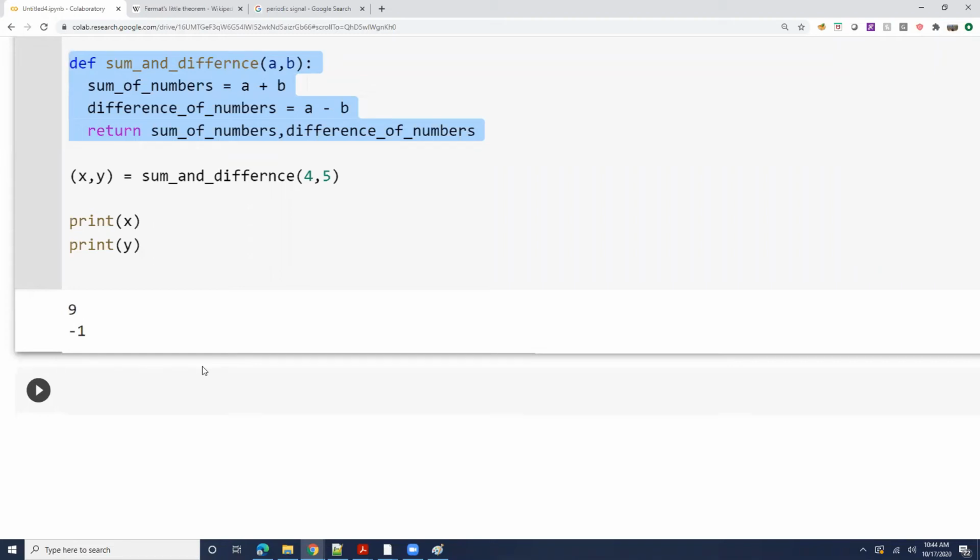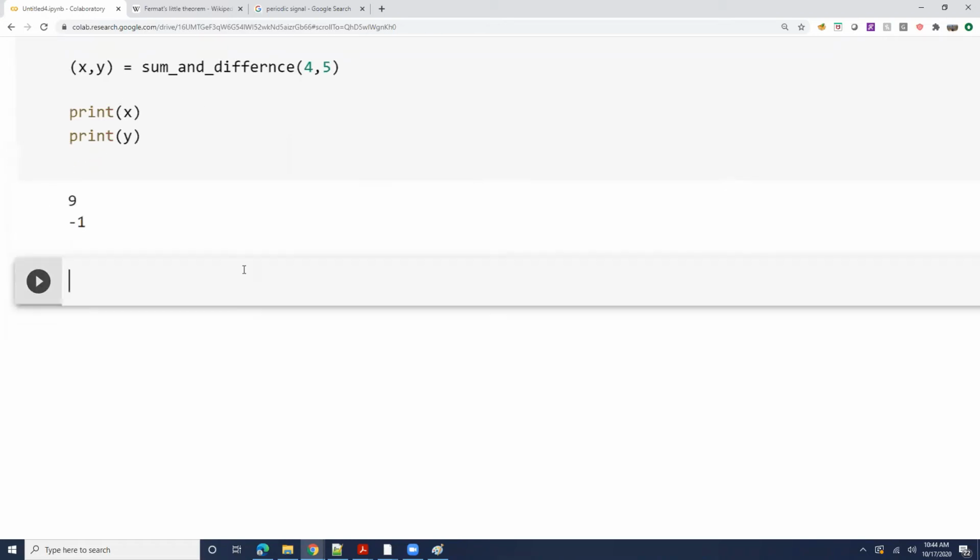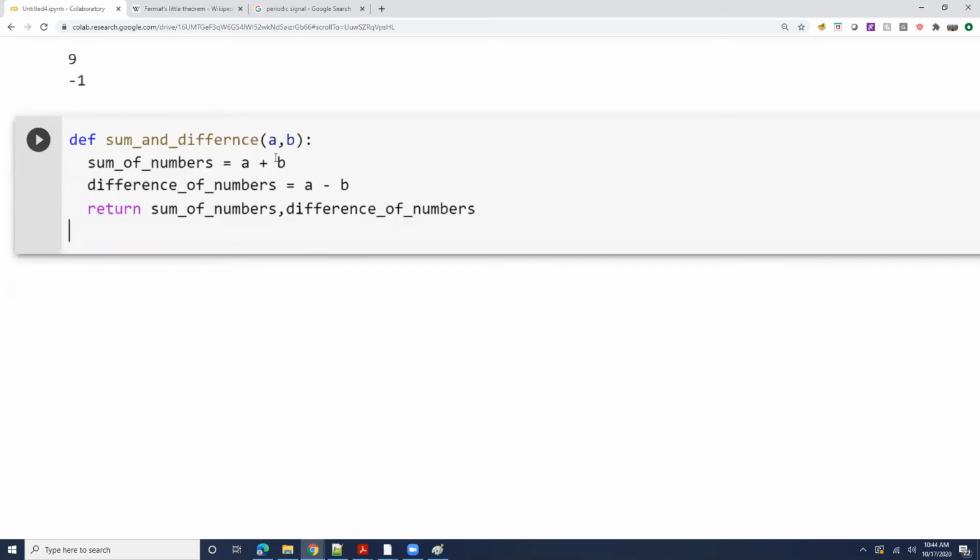Perfect. How many of you know how to solve a quadratic equation? Okay, so let's try that one. How do you solve a quadratic equation? How many inputs are there, first of all?